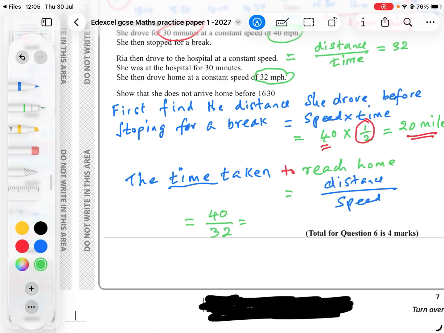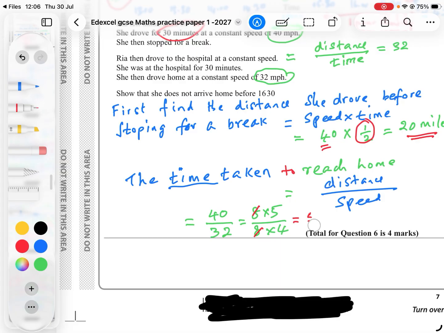Now you can simplify this. 8 times 5 is 40, 8 times 4 is 32, so the 8 cancels. Now 5 divided by 4 is 1.25, so you can say 5 over 4.